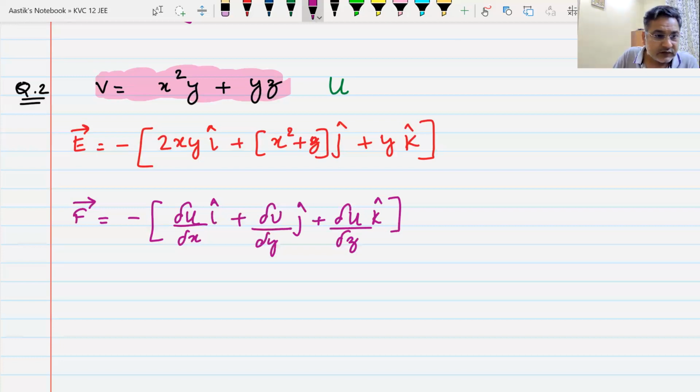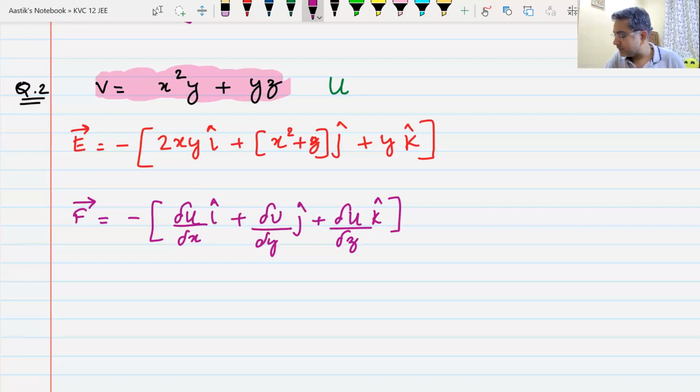The next heading, my dear friends, is equipotential surface or equipotential line. We have already seen what an equipotential surface is. Do we remember it?